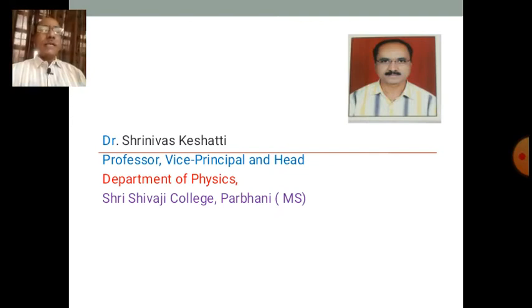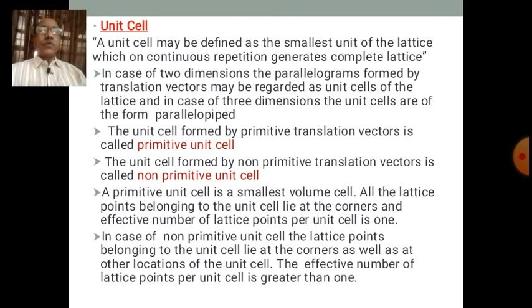So let us study what is a unit cell. A unit cell may be defined as the smallest unit of the lattice which on continuous repetition generates the complete lattice.